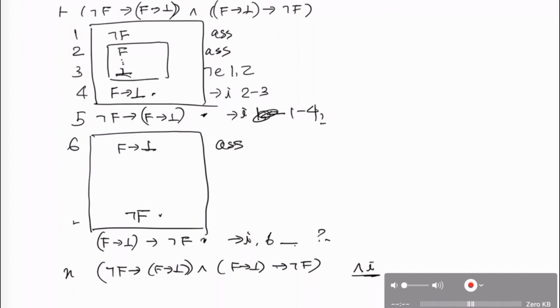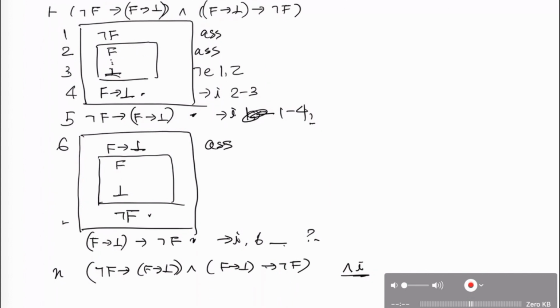So the strategy is, well, try to assume f and try to derive bottom. Yeah. So if you have f and if you derive bottom, then you can derive not f. This is using the negation introduction rule.